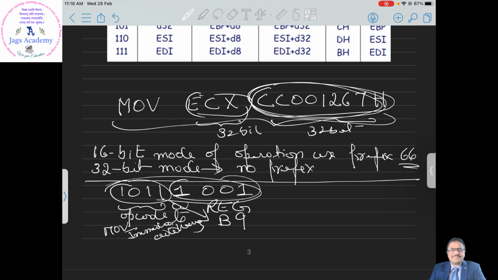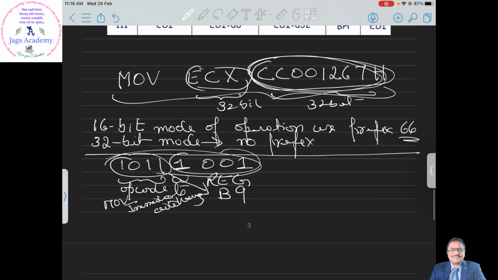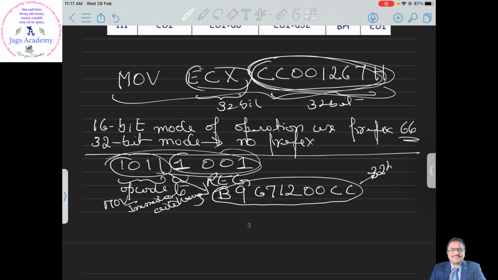After that you put all the bytes corresponding to the immediate data, starting from the lowermost byte, which is 67. Then comes 12. Then comes 00. Then comes CC. So this is the machine instruction B9671200CC when it is 32-bit mode of operation.